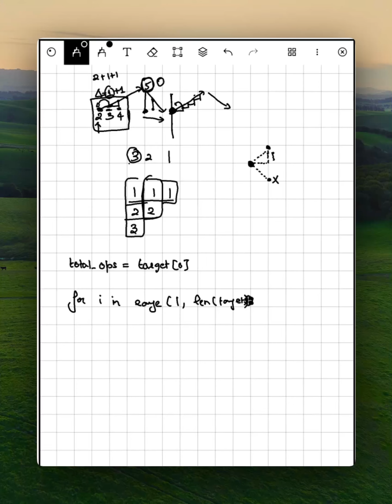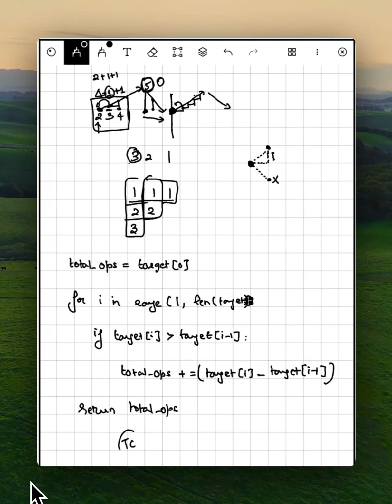If target of i happens to be greater than target of i minus 1, then I will increment my total operations by the delta, which is target of i minus target of i minus 1. And finally, I return total operations.